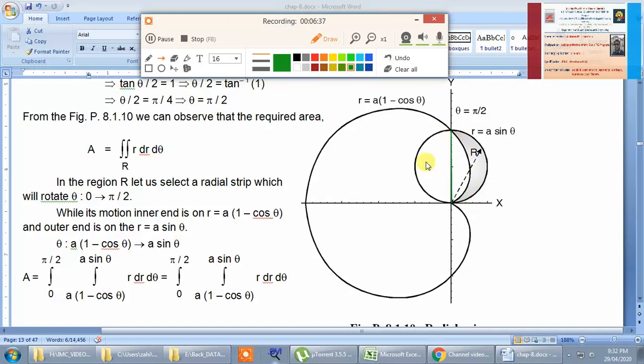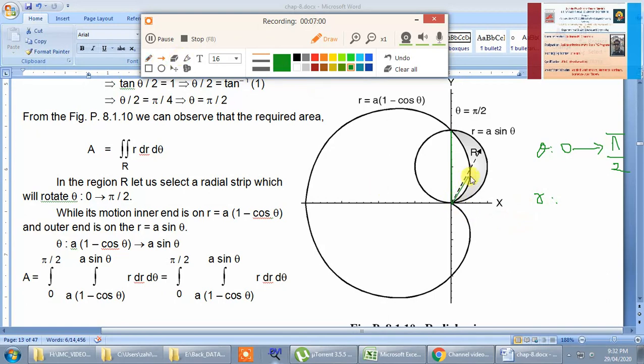So theta varies here from 0 to pi by 2. While it rotates, what are the r values? Look at the inner end and outer end. Where is the inner end?